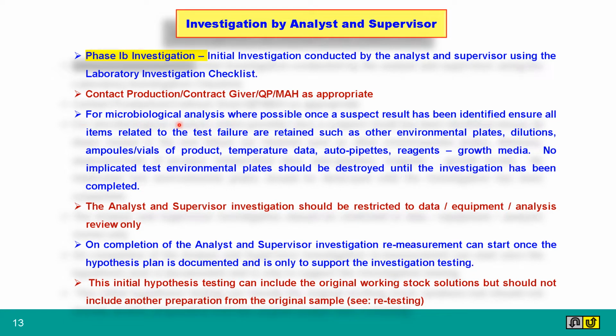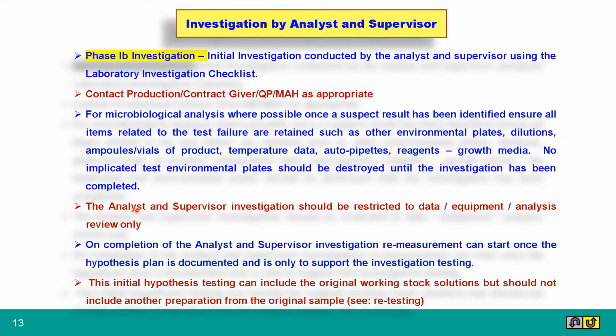For microbiological analysis, where possible, once a suspect result has been identified, ensure all items related to the test failure are retained, such as other environmental plates, dilutions, ampoules / vials of product, temperature data, autopipettes, reagents, growth media. No implicated test environmental plates should be destroyed until the investigation has been completed.